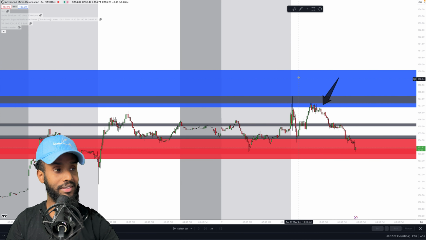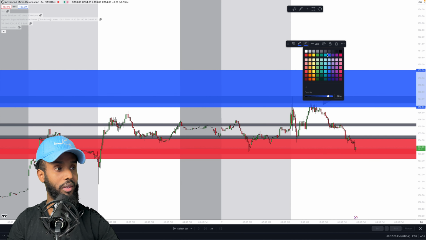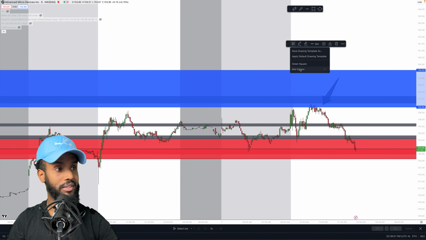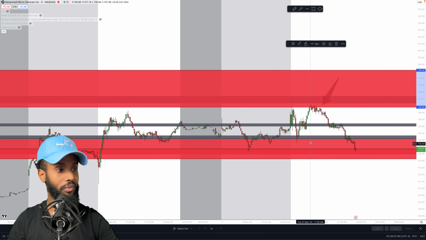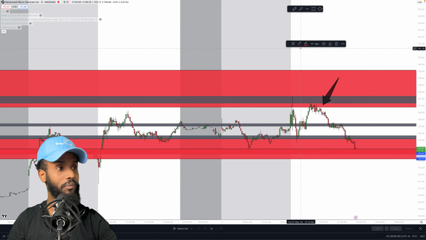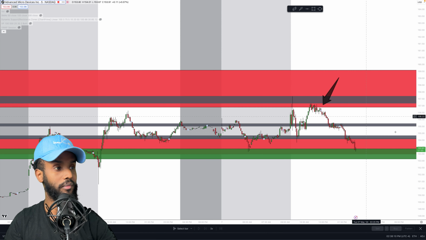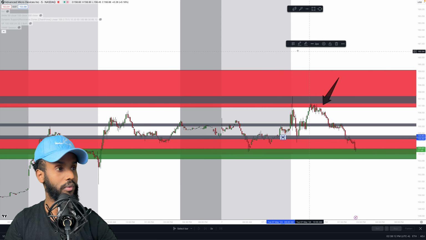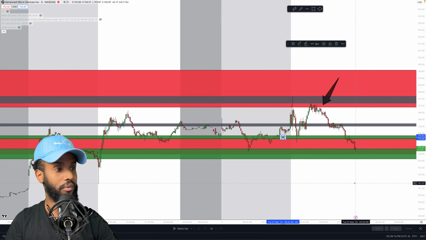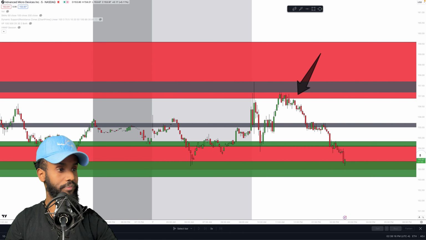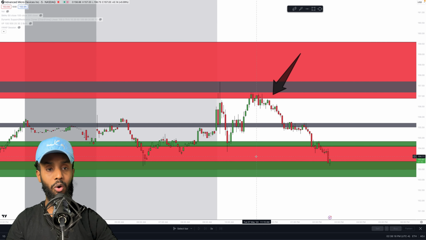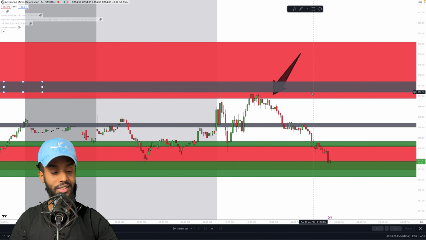Like I said, this area up here is our resistance area, and this area down here is our support area. So we'll change the colors. Obviously, the levels below are support, the levels up here are resistance.